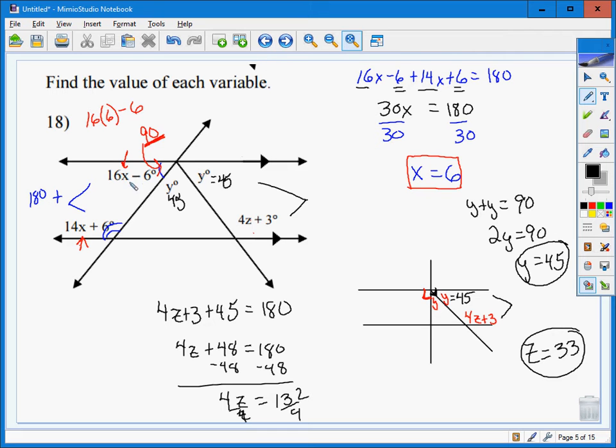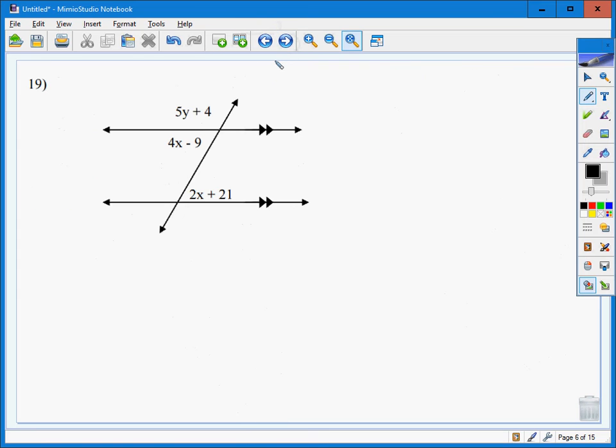Remember, look for a place where you only have to work with one variable at a time. All of these work out pretty much the same. Look for where you can set one variable that you have to deal with. If I use these two, I'd have an x and a y, so it's nothing to do with this one. These two are alternate interior angles.